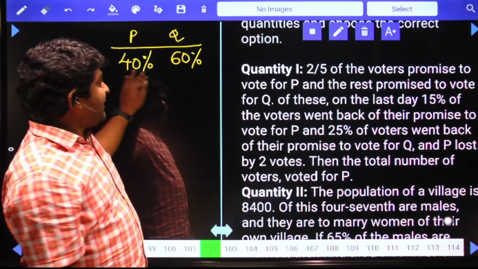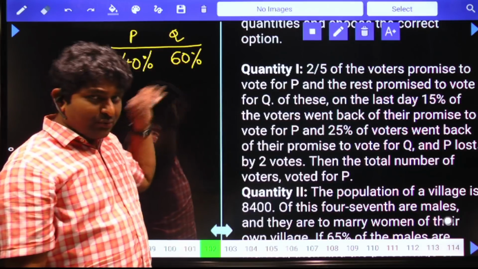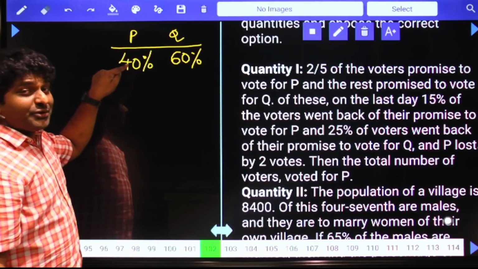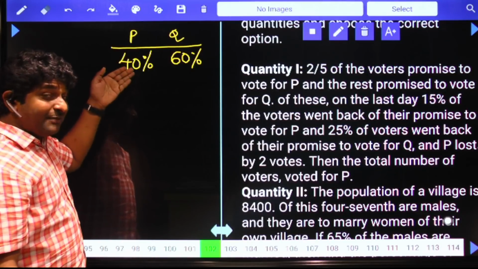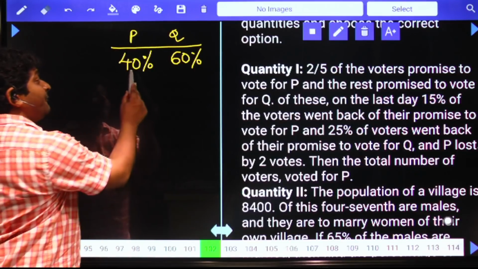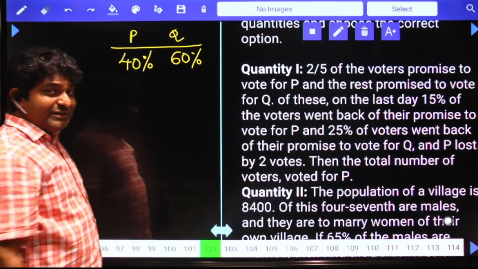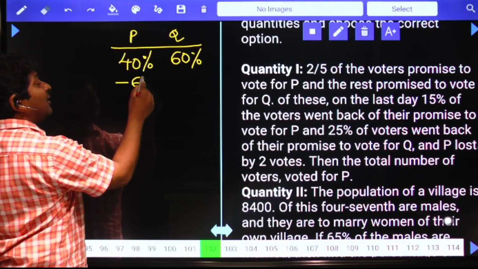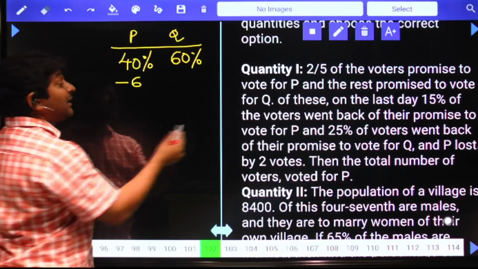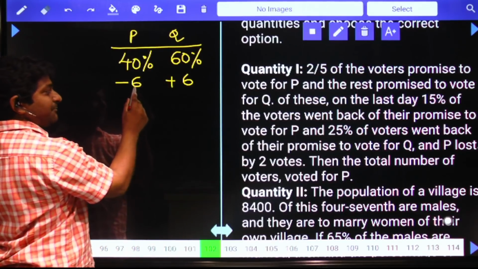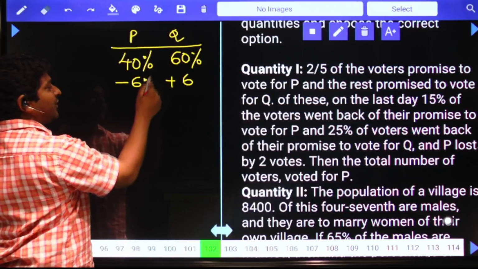Initially 40 percent and 60 percent promised to vote for them. But out of the people who promised to vote for P, 15 percent went back on their decision. Meaning 15 percent of this number, which is 6 percent, are not going to vote for P, but they are going to vote for Q. So 6 percent is subtracted here and they are going to vote for Q now.